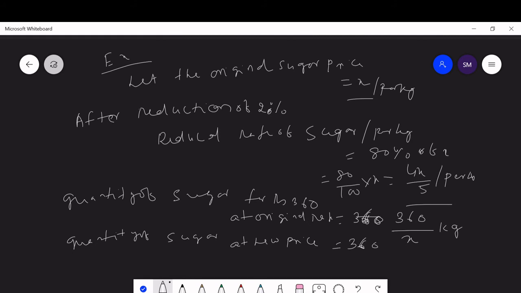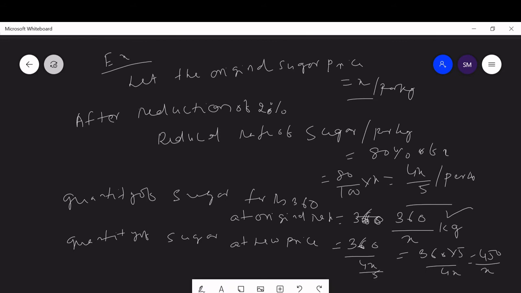Because the sugar price reduced from x rupees per kg to 4x upon 5, she can buy 360 into 5 upon 4x kg. This means she can buy 450 upon x kg. Before this, she could buy 360 upon x kg. Then how much more can she buy?